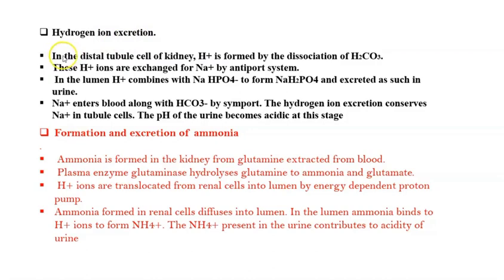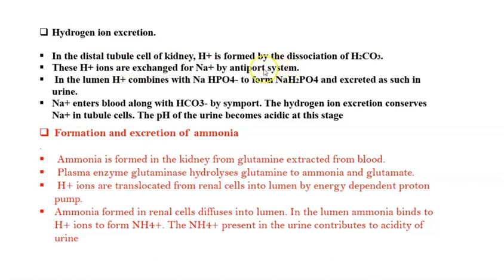Now listen. In the distal tube cells of the kidney, this hydrogen ion is formed by dissociation of carbonic acid. You are already aware of that. So these hydrogen ions are exchanged for sodium by an antiport system.